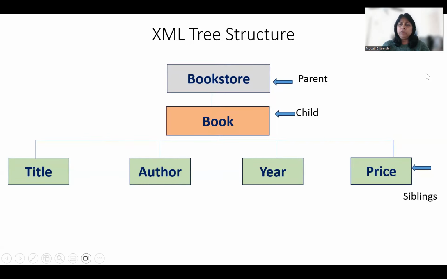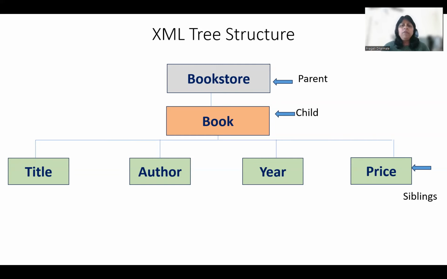The parent is also called a root element. Basically, when a scenario is being provided to you, the nouns in the scenario become your root element or the parent element. Then whatever is inside that root element will go next in the hierarchy. So this is a hierarchical structure, right?